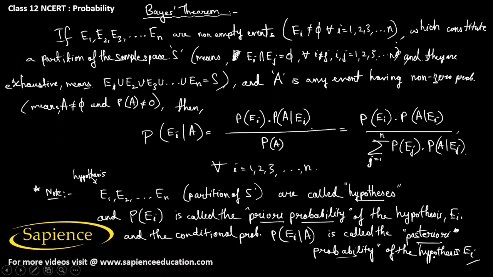Okay. So the Bayes theorem simply states this. We can understand this theorem by using a suitable example. So let's understand by using one example.